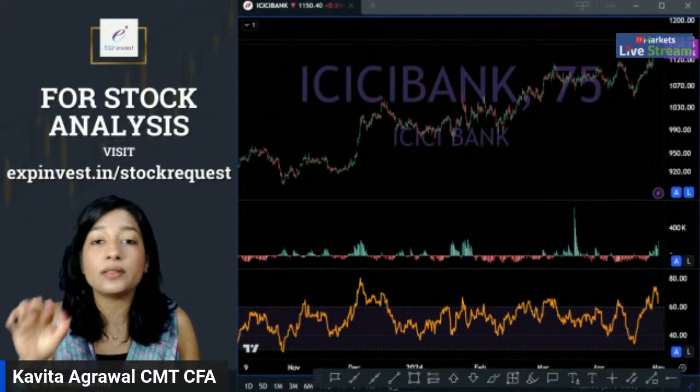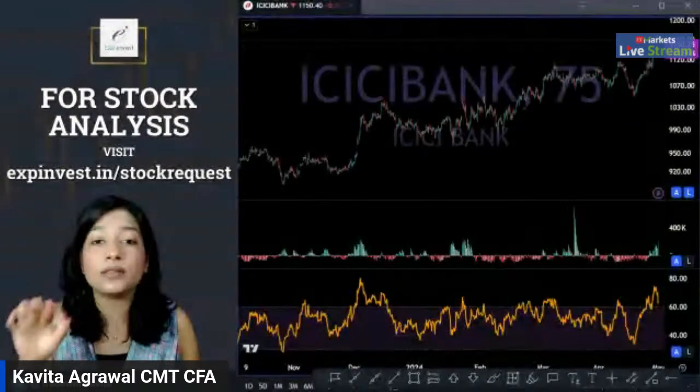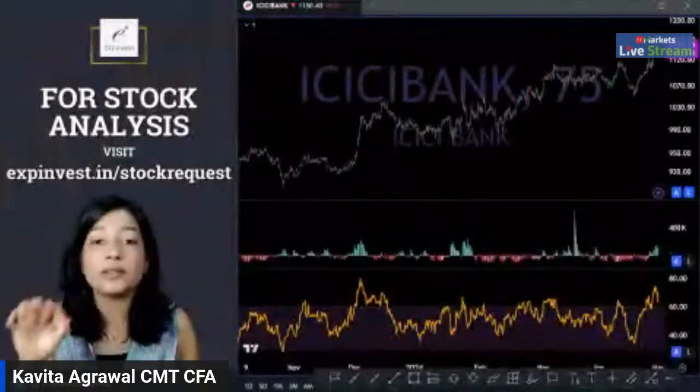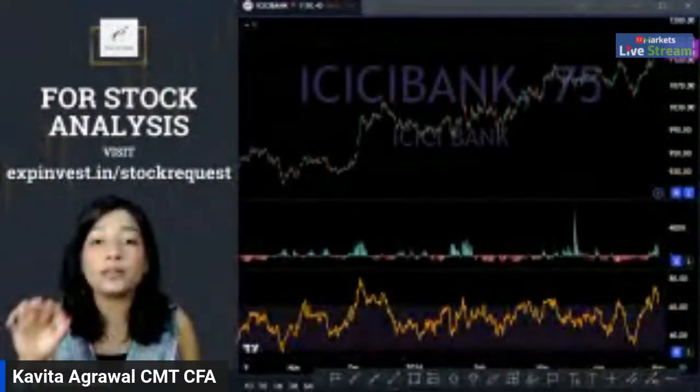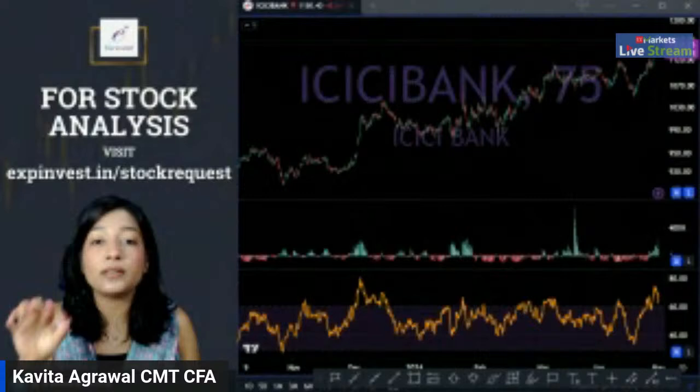See, this is where a negative divergence was formed on the 3 minute time frame, and a negative test and the breach of the level of 30 repeatedly on the 3 minute time frame, which suggested a correction. And then finally what happened here was that a positive divergence, a strong positive divergence occurred on the 3 minute time frame, and then we witnessed this very, very strong rally.